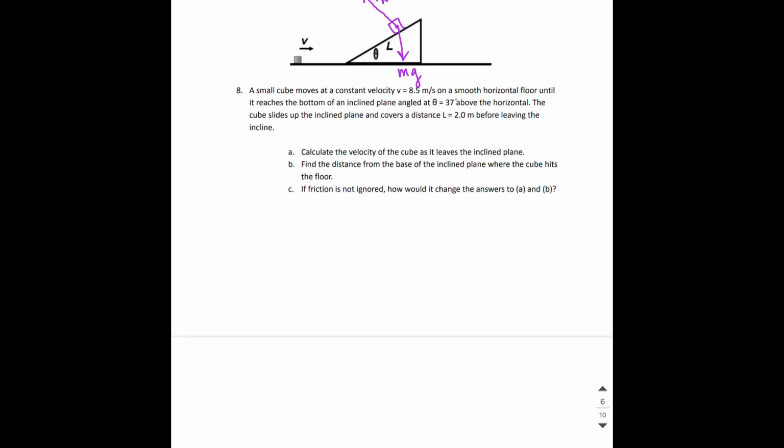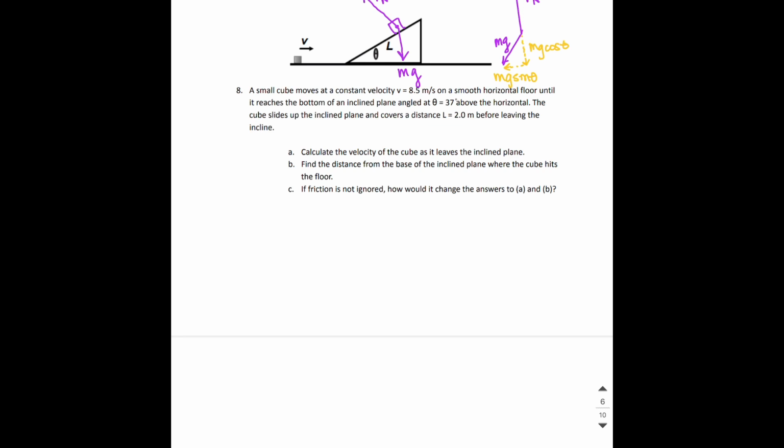Now when I'm working with an inclined plane, I rotate the axis so that I can see the components a little bit better. So here's my force normal, here's my mg, and then my component of mg opposing the normal force is mg cos theta, and this one is mg sine theta.